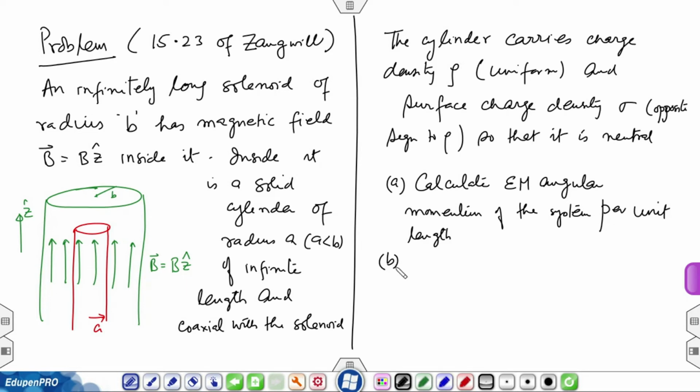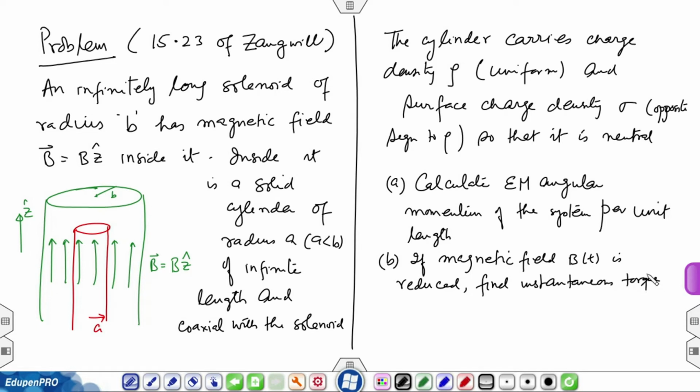B, if the magnetic field B is reduced, find the instantaneous torque on the cylinder, and C, check the final angular momentum of the cylinder.